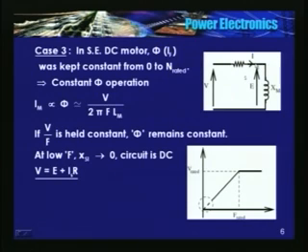Why is it missing? I said frequency of operation has reduced. At 50 hertz rated frequency itself, the values of these series parameters, winding resistance and leakage reactance, I said they are low at 50 hertz.